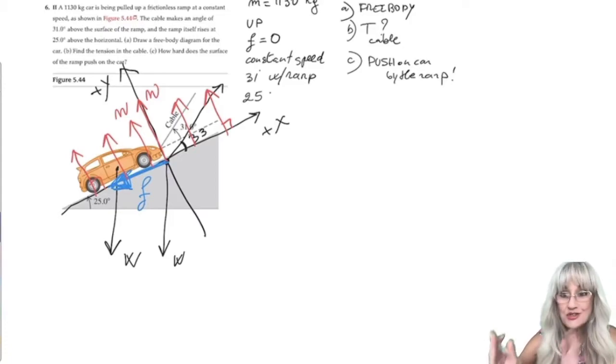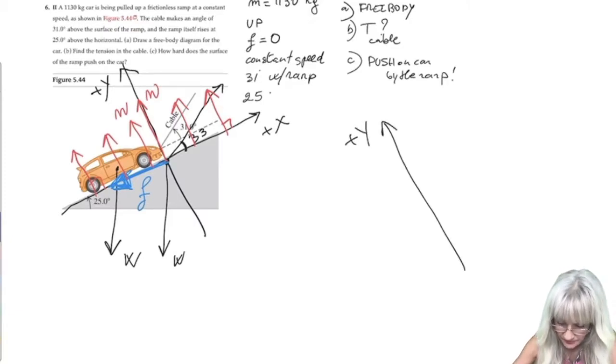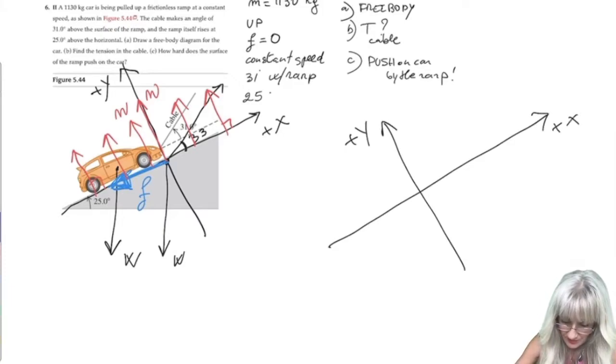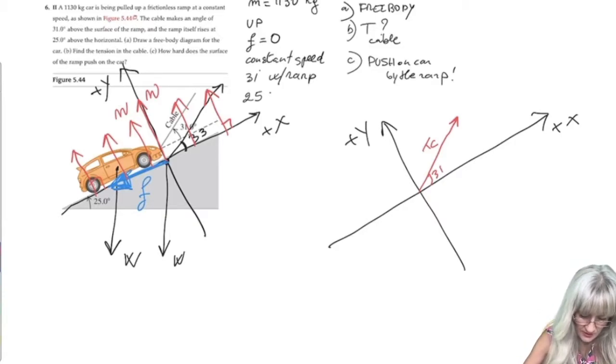Yes, for the Cartesian, I'm going to rotate. It doesn't really change anything. So positive y up. Okay, for the cable, I'm going to use a red ink. So this is a tensioning cable. The angle is 31. The weight in blue.